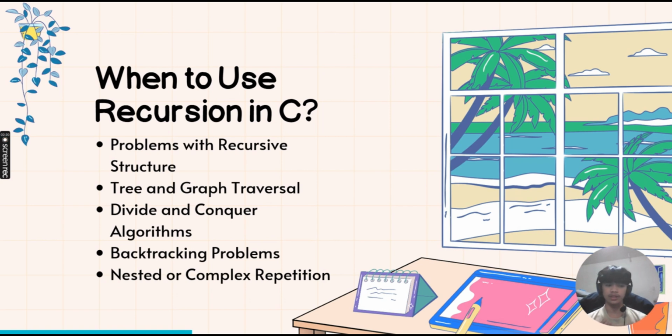Recursion is ideal for tree traversal, pre-order, in-order, and post-order, and exploring graphs. The next is divide and conquer algorithms. Algorithms like merge sort, quicksort, and binary search are best implemented using recursion.